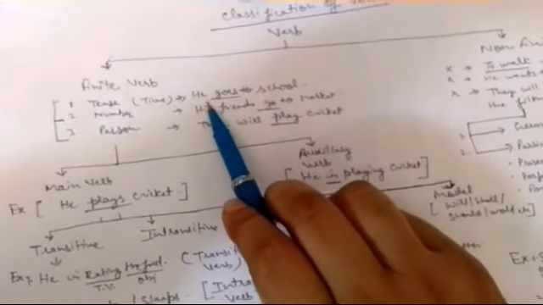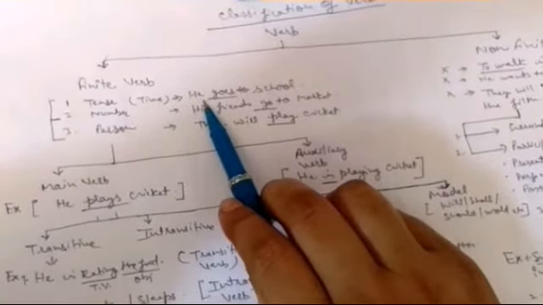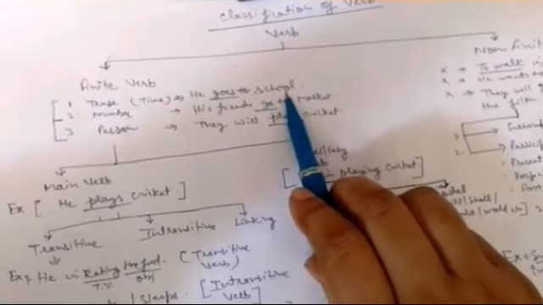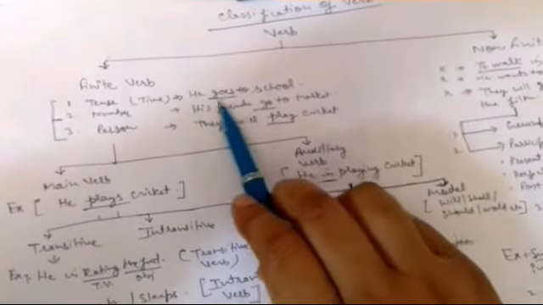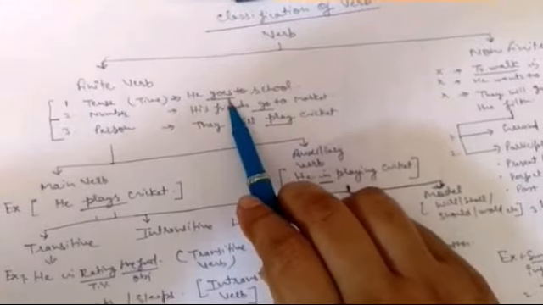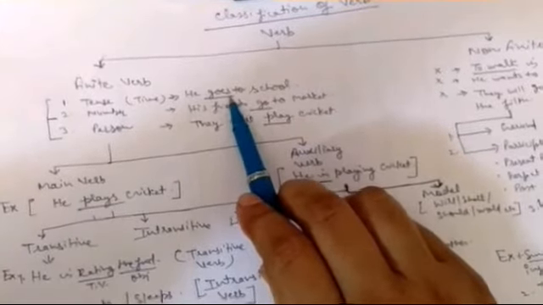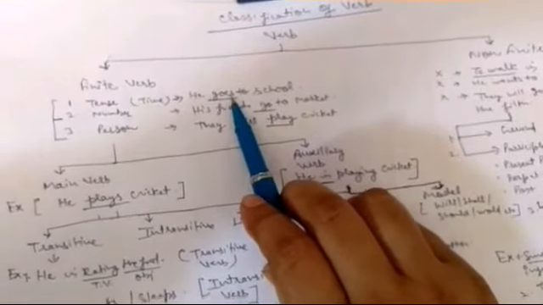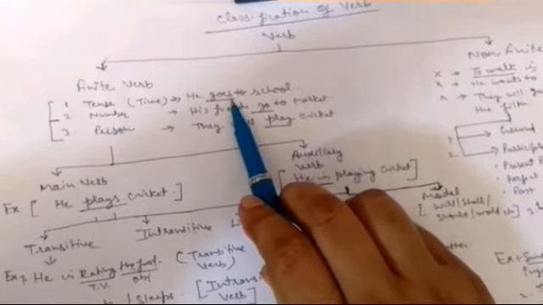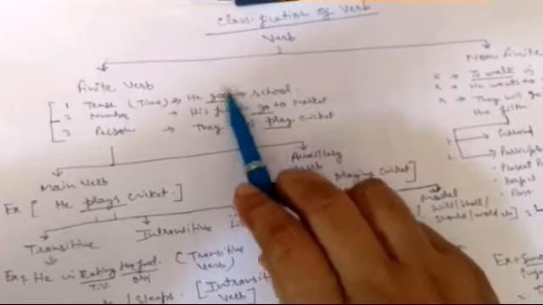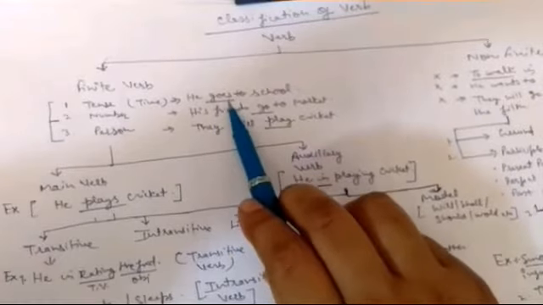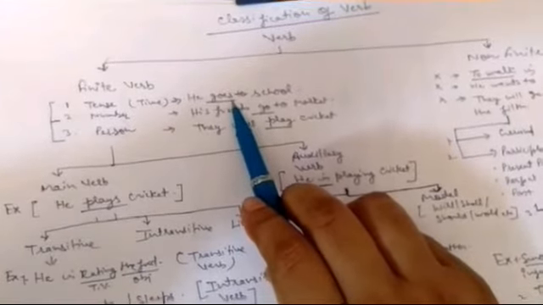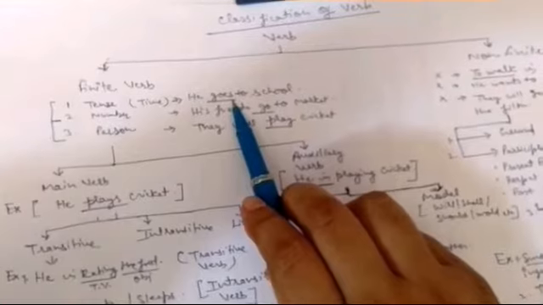Let me explain the example. He goes to school. So this goes is the finite verb because it indicates the time. The time is present. This is the present indefinite tense. So we can say it is a finite verb.